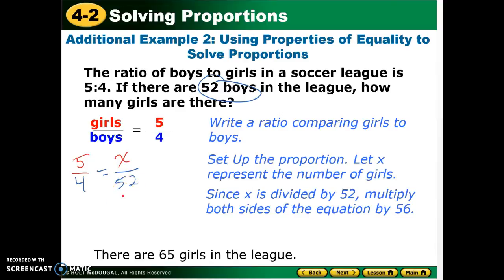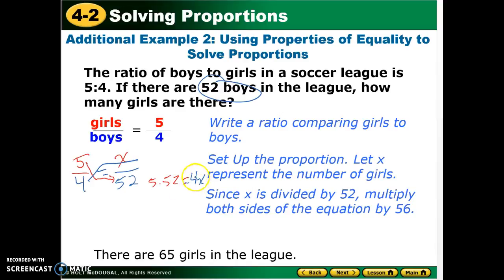I can use cross products to do this. So I'm going to go 5 times 52, and it should equal 4 times x. It'll equal 4x. Well, we haven't done solving equations, but I'm going to give you a quick hit on it.